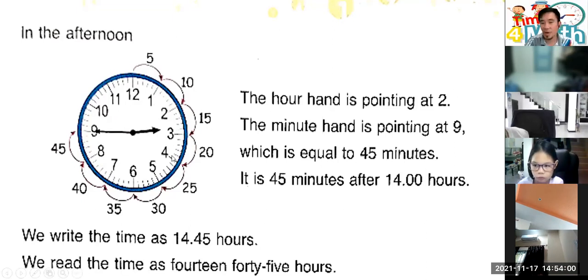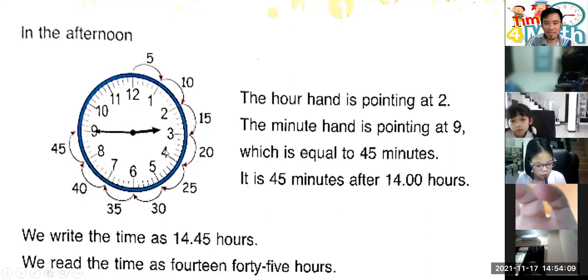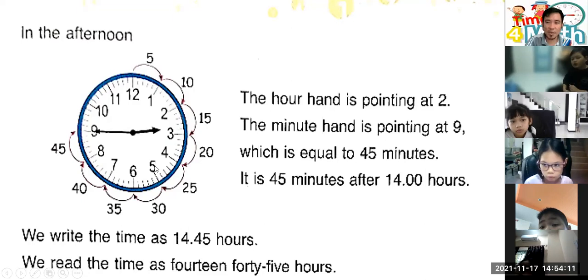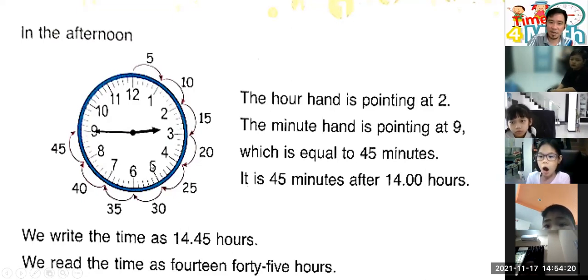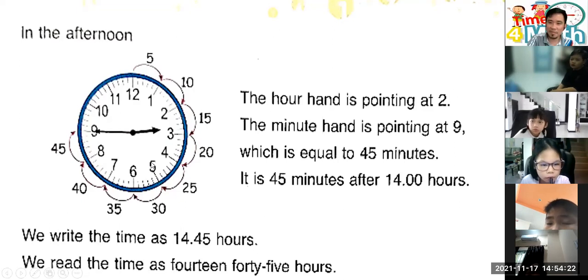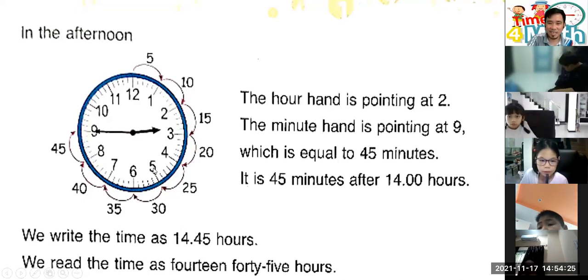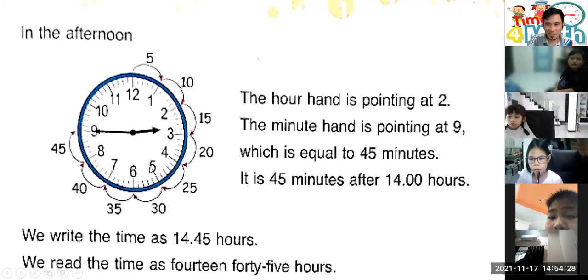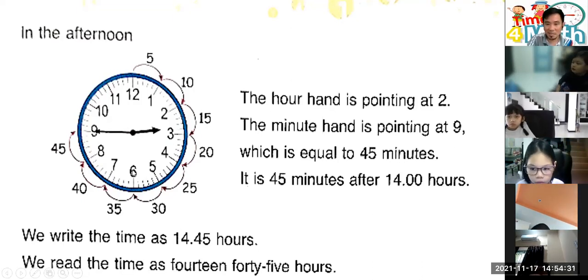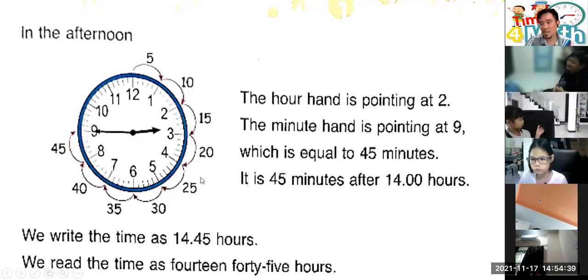What if it's pointing to number 4? 1600 hours. If pointing to number 5, it's 1700 hours. What if number 6? 1800 hours.